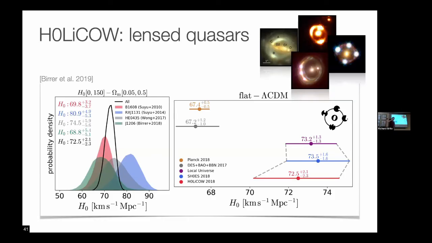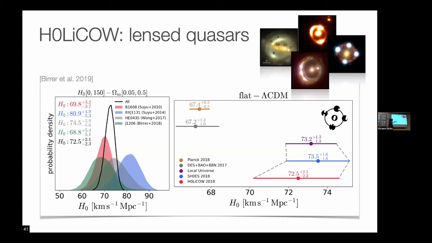And funnily enough, Refsdal in 1964 envisaged this method already and discussed it for lensed supernovae. But it was then actually applied to lensed quasars first. That's the H0LiCOW project that I already mentioned at the beginning. There are now several lensed quasars for which people have played this game. And this is not the very latest version of it, but in principle, nothing has really changed.